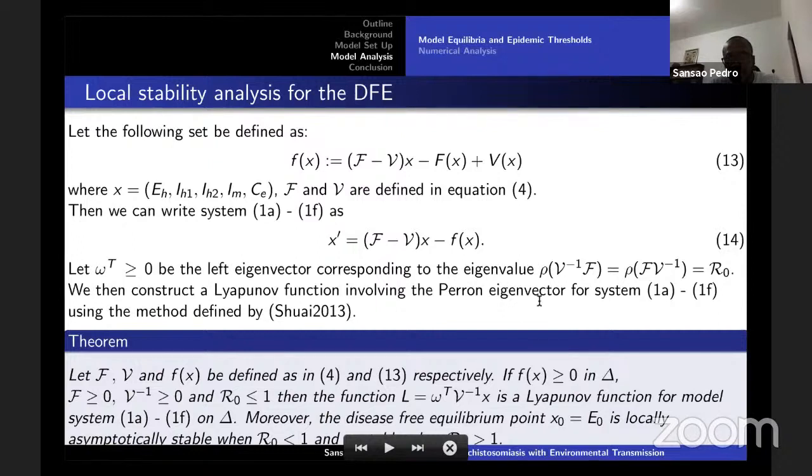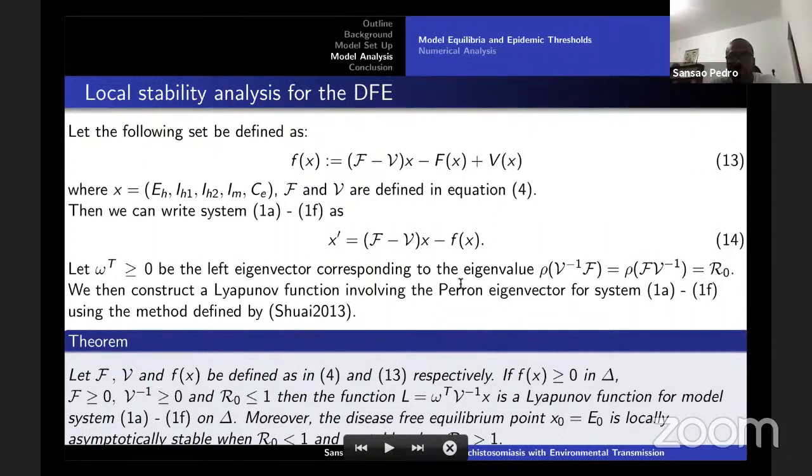Why this Perron eigenvector? Because this vector is related to the matrix FV inverse. As we know from linear algebra, for positive matrices, and we have seen that the matrices F and V are positive matrices, and the product FV inverse is also a positive matrix, and the largest eigenvalue is R naught.